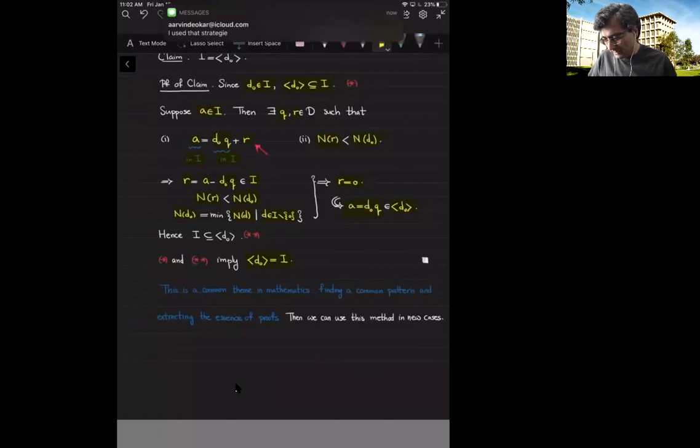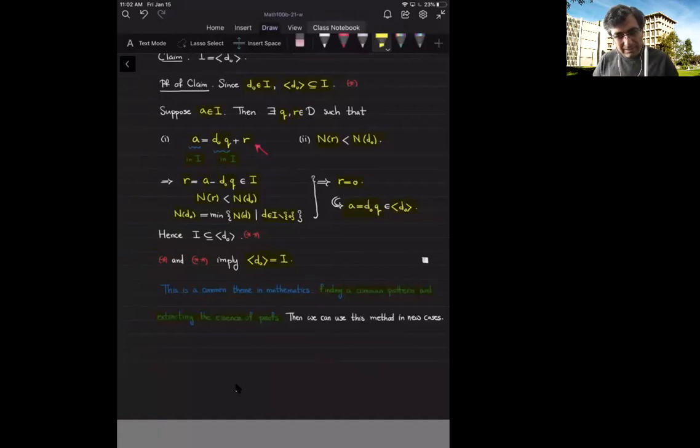Here we found that the division algorithm had been used in two different places, and then we put it together and extract the essence of a proof. This way, we can use the same argument in new cases and prove that certain new rings might have the same kind of property.